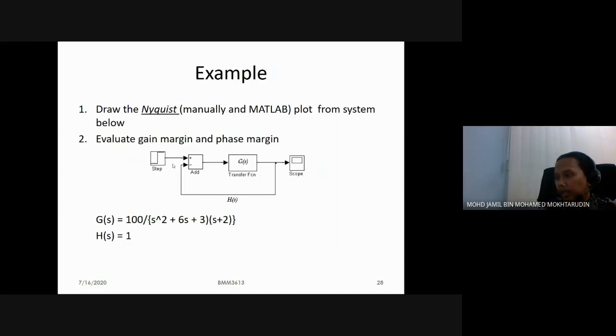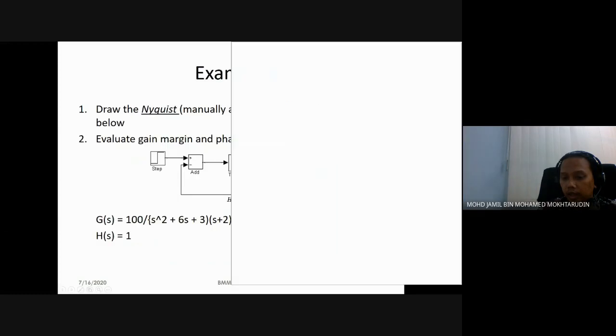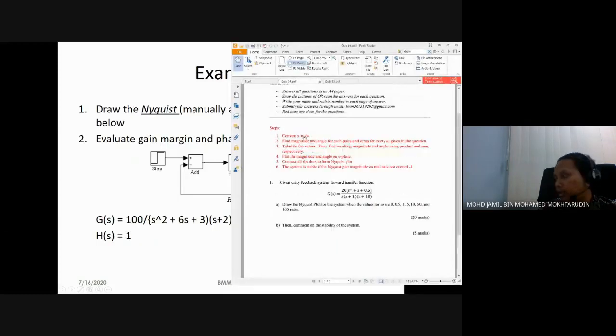Okay, let's look at another example for Nyquist plot. Draw the Nyquist plot manually or using MATLAB from the system below. This is the transfer function. If you look in the quiz question, I already list down the steps to plot Nyquist plot manually. First step, you need to convert s equals j omega.